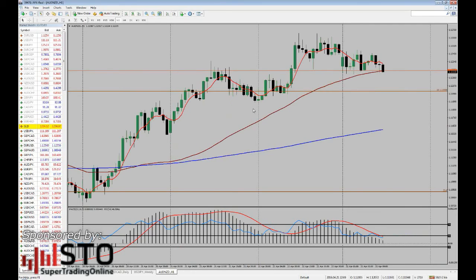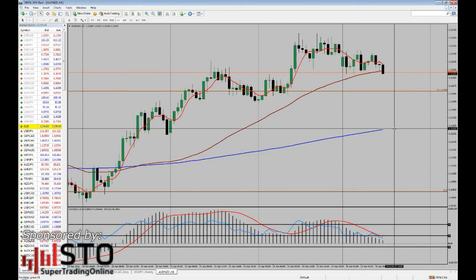So therefore, what we'll try for this pair is, if we see a break below, which is happening right now, of the 50 moving average, we will be going for a short for this pair, and my initial target will be just to the level of 10% Fibonacci retracement zone, which is at 1.12 level.